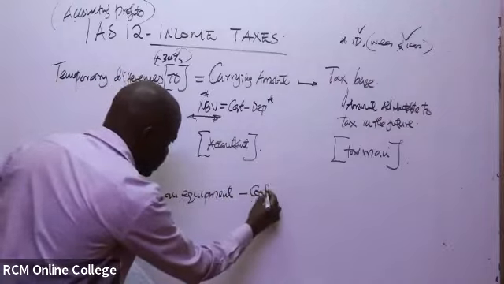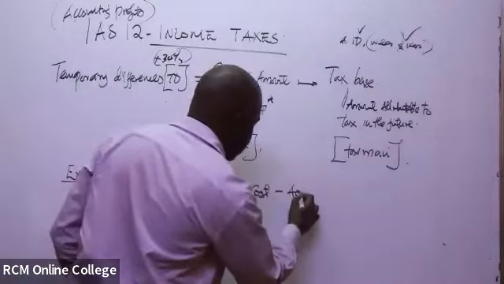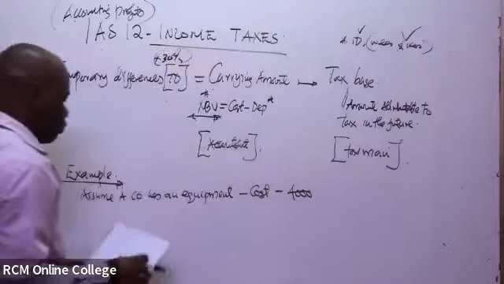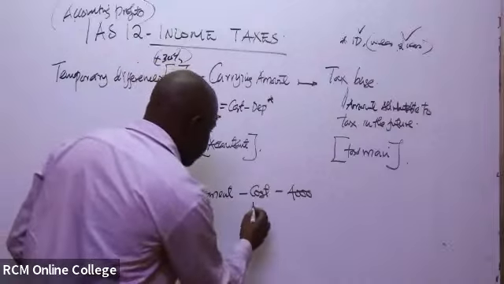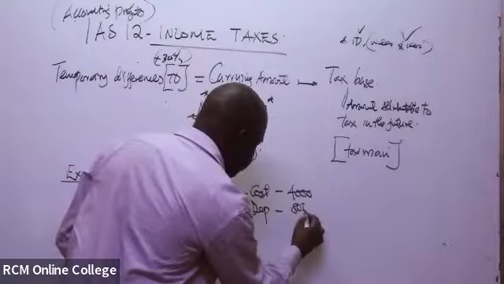The cost is actually how much? The cost is, let's say, for example, 4,000. Maybe our figures are actually in thousands. So let's say, for example, 4 million. And then the depreciation on this particular equipment is, let's say, for example, maybe 800.